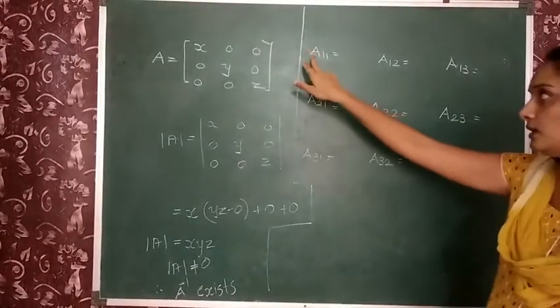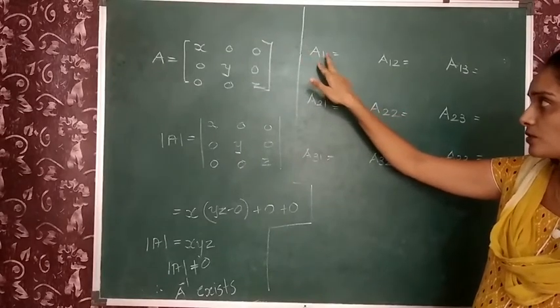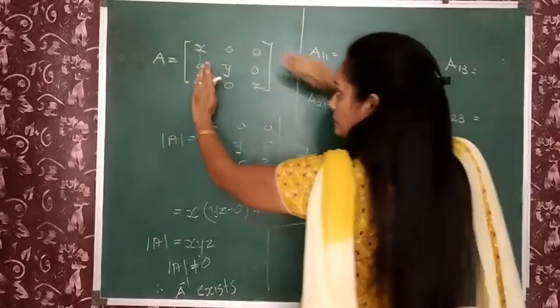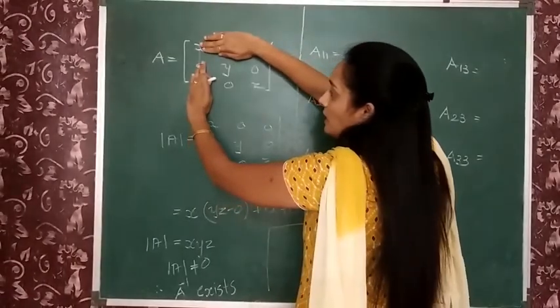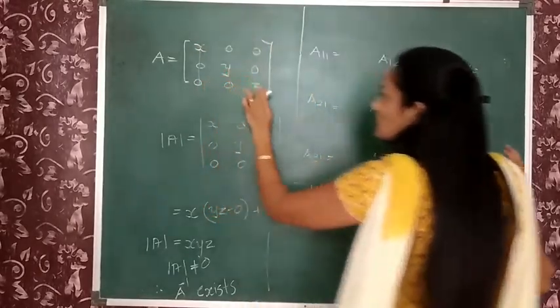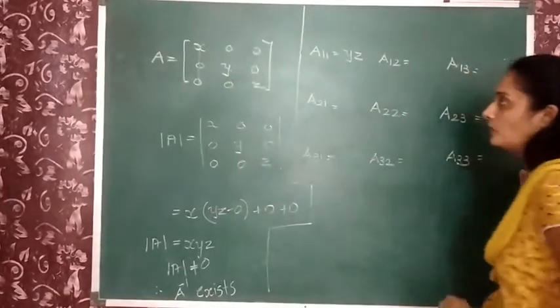Now to find element A11, we have to hide the first row and first column. You can hide like this. The remaining elements are y 0 0 z, and we solve this determinant. Then the answer is yz.